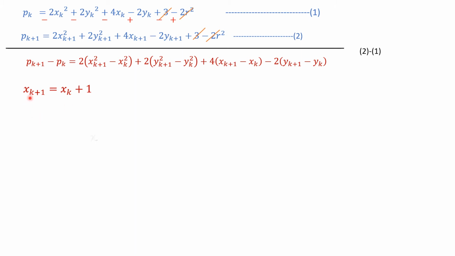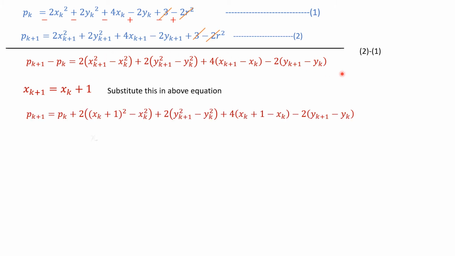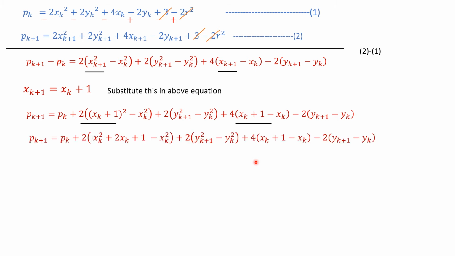The next value of x iteratively is always incremented by 1. So we substitute this in the above equation, and we get xk plus 1. The next value of x is substituted as xk plus 1. Here also the next value of x is substituted as xk plus 1. So these are the values which we are substituting.